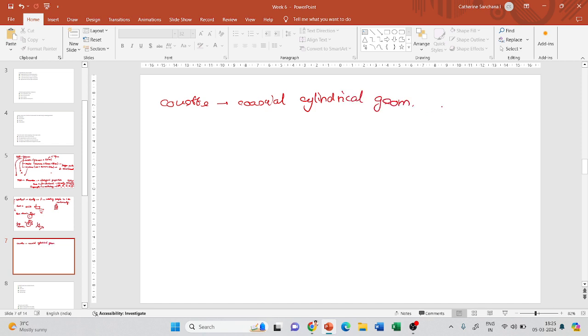How will that be? You will have a cup. This cup can be stationary or rotating. In the case of a dynamic shear rheometer, this is stationary. And we will have a spindle.